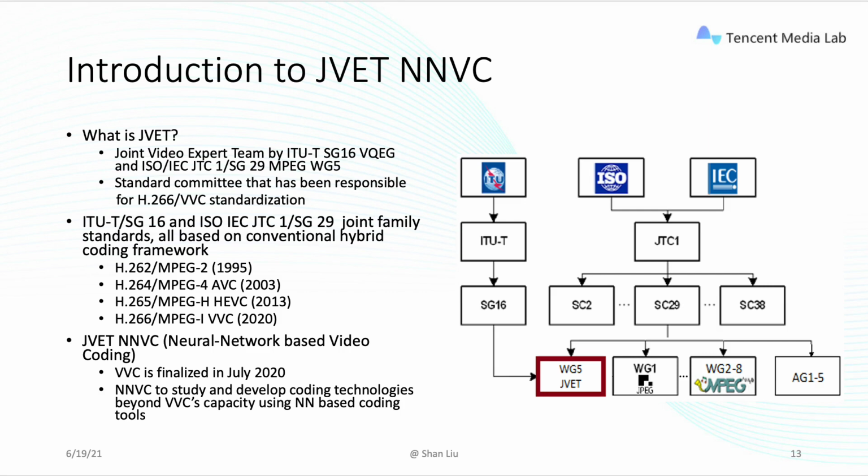And late last year, JVET published the H.266 VVC standard, and previously its predecessor, JCT-VC, Joint Collaborative Team on Video Coding, developed the H.265 HEVC standard and extensions, and earlier JVT, Joint Video Team, developed H.264 AVC standard and extensions.